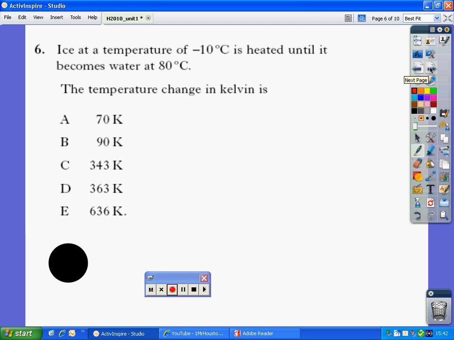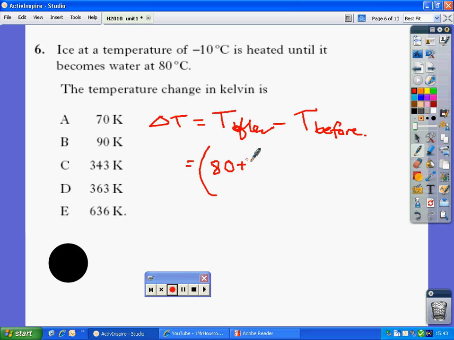This one here is looking for the temperature difference in degrees Kelvin. So the temperature difference is equal to the temperature after, take away the temperature before, in degrees Kelvin. The temperature after is 80 plus 273.